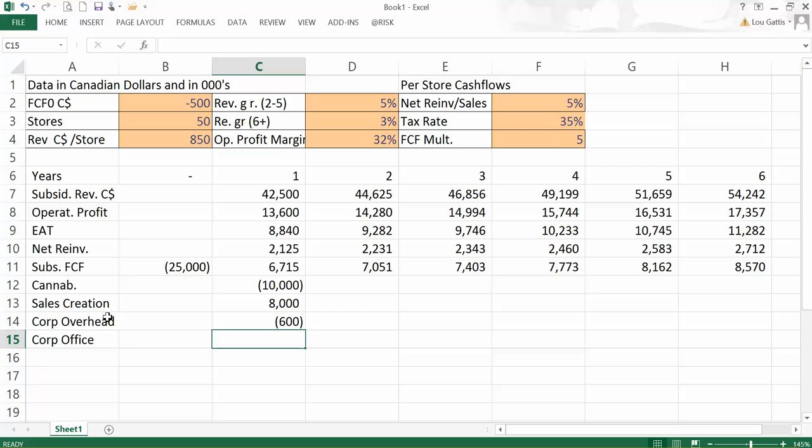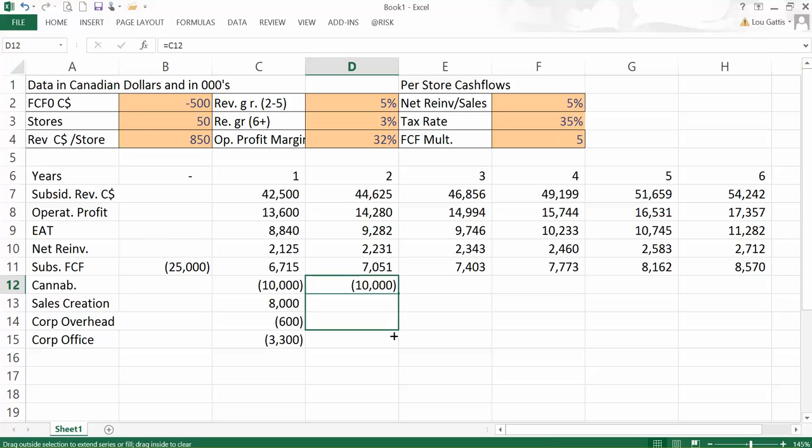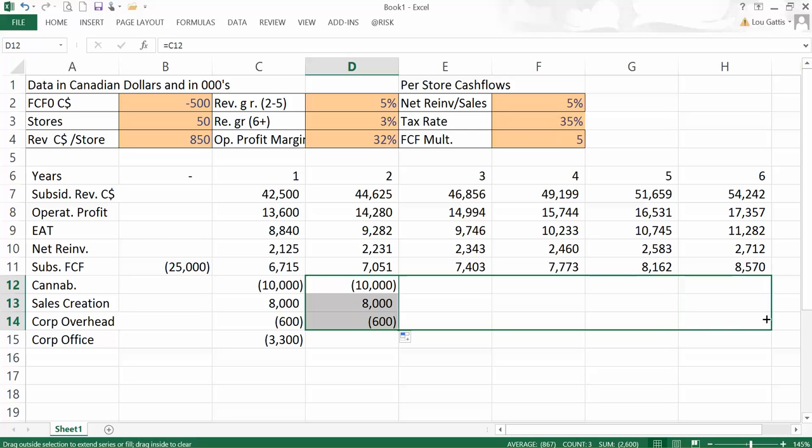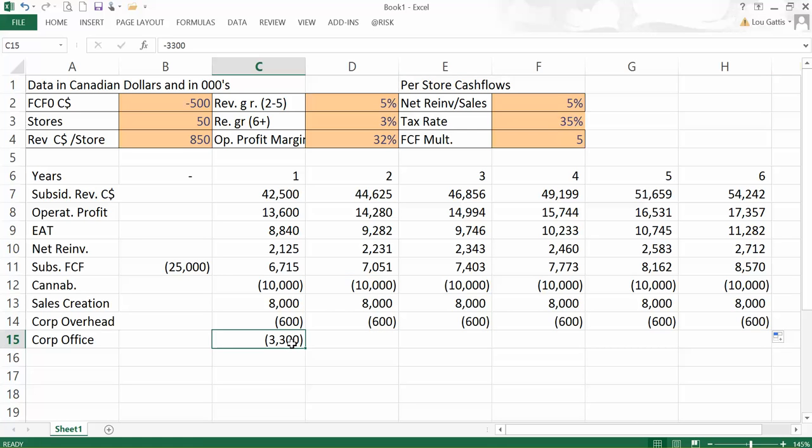lose 600 for the incremental cost of new staff hired, and we're going to subtract the market value of that initial building. The first 3 costs will continue annually. And this was a one-time shot. So now we have parent free cash flows.